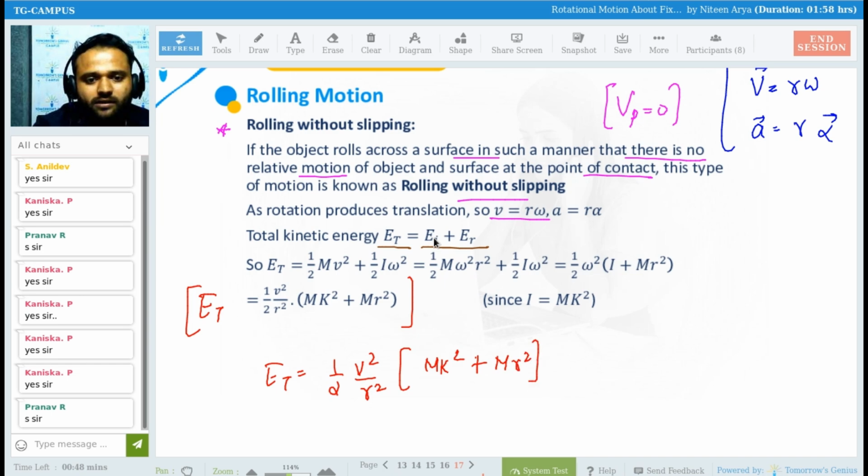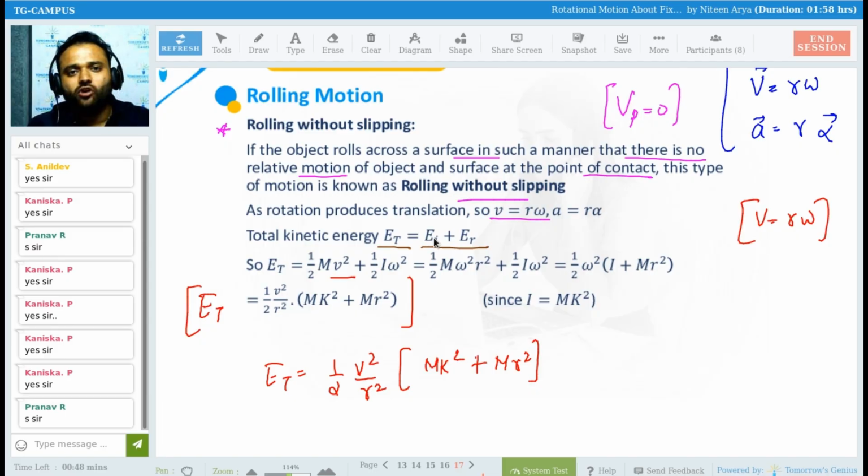That is nothing but 1/2 mv² plus 1/2 Iω², putting the value of v, which is rω, to make a common thing. We are not doing anything wrong here, you can understand. So if I just take ω² common, I plus mr², clear enough.